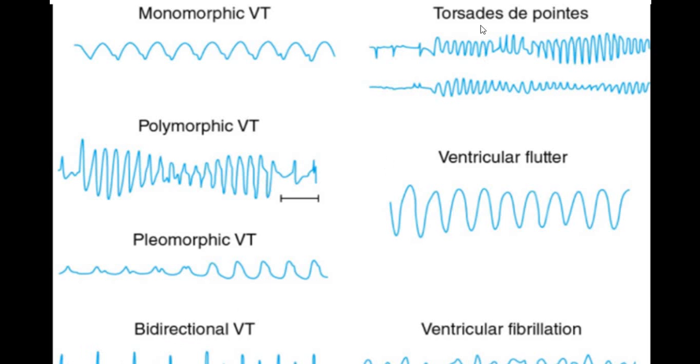While in Torsades De Pointes, you get a polymorphic ventricular tachycardia preceded by long QT complexes.